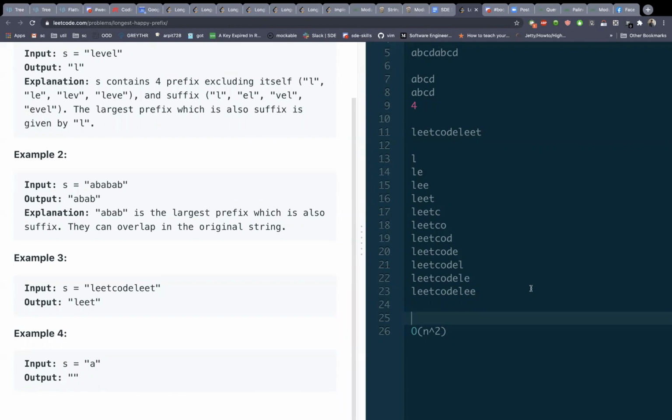Yes. Prefix anyway will not include the whole string, because in the problem we are given the constraint that we need to find a prefix whose length is smaller than the actual string. Okay, understood. Because the entire string is always the prefix of itself, and also it is a suffix, so then the problem itself will not make any sense. All right, it's clear now. Thanks. Yeah. So if we move ahead with this approach, it will cost us O of n square time.